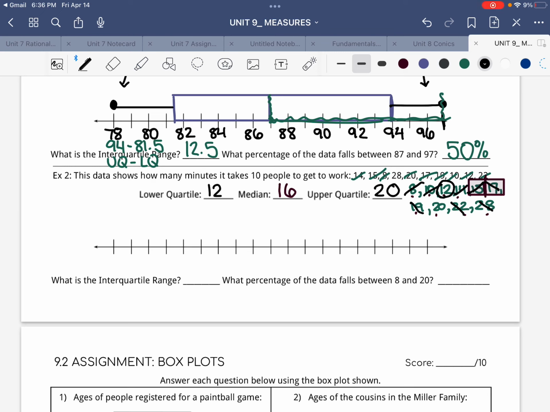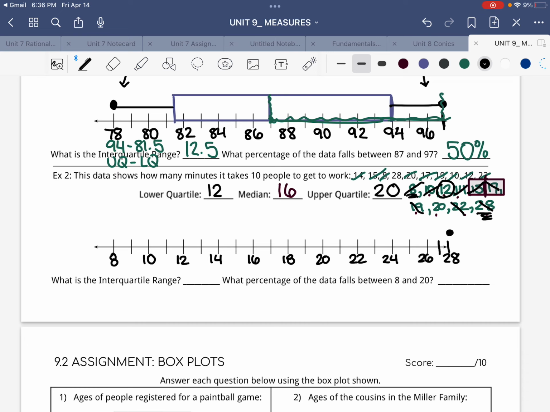My minimum was at 8, so my number line needs to start at 8. And then I'm going to go by 2, skipping a line in between. But I only get up to 26, so I'm going to add 2 lines with a 28 because that's my maximum right here.